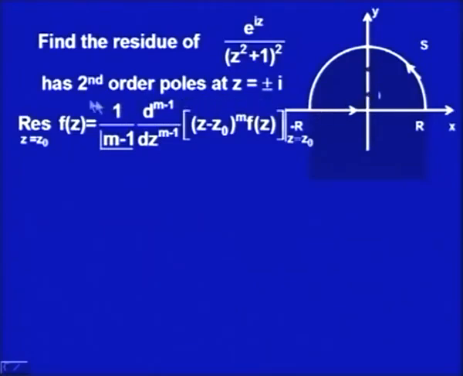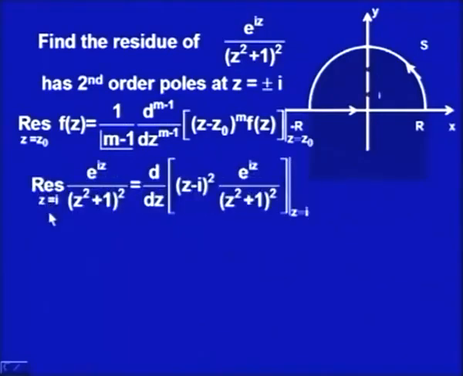This is a second order pole. So, I would have m equal to 2. That says I would get the residue at z equal to i of the function e to the power i z upon z square plus 1 whole square. Since m is 2, I would get 1 upon factorial 1, that is 1, and m minus 1 is 1.